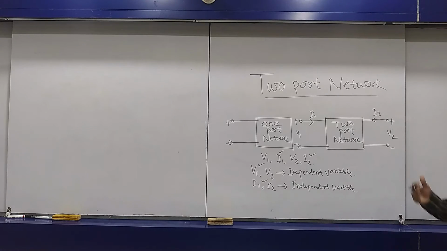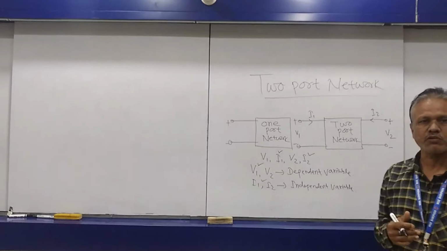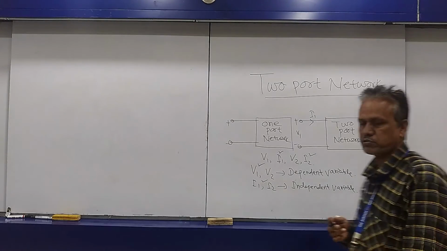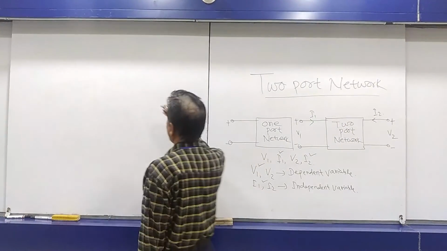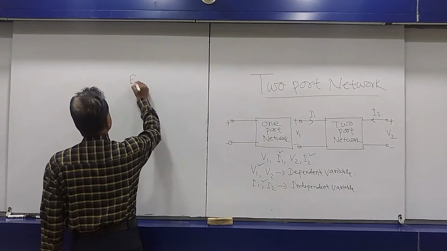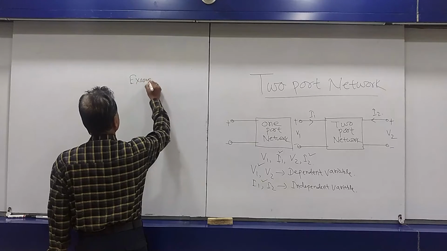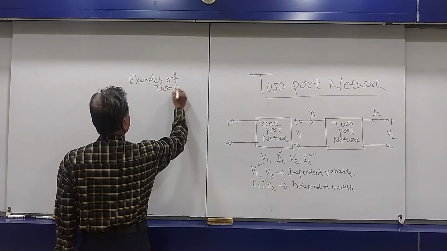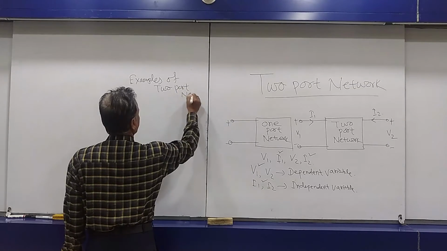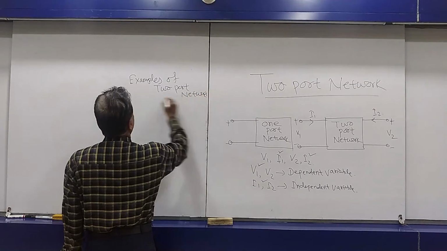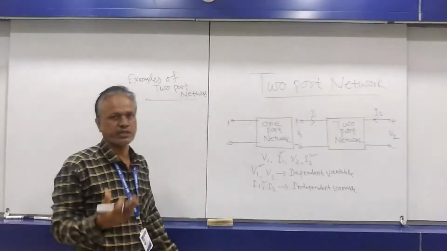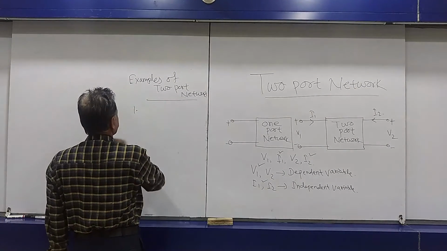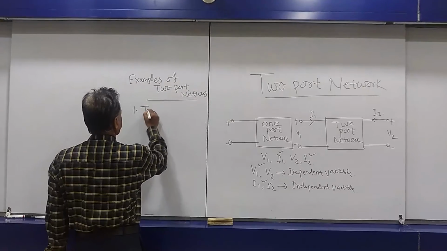So let us first understand the examples of two-port networks. Coming to the examples, I am writing here the examples of a two-port network. First of all, we are observing the transmission network.